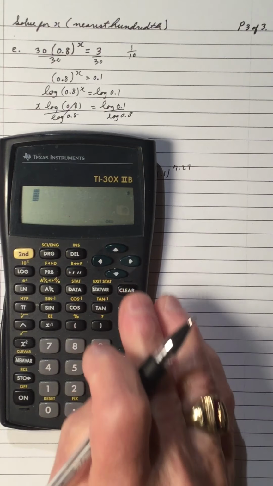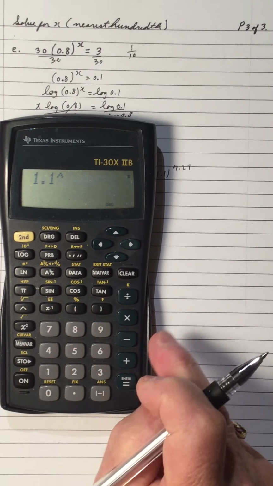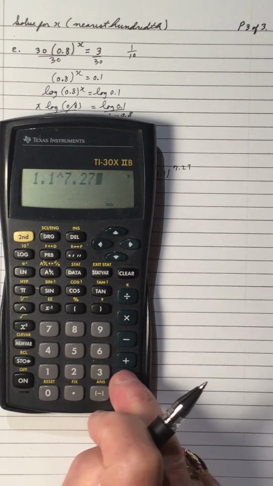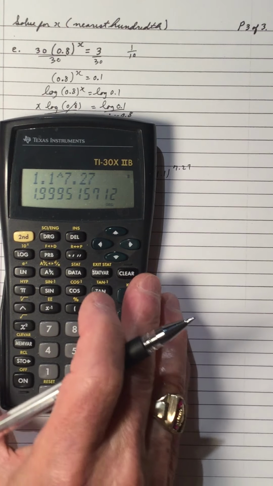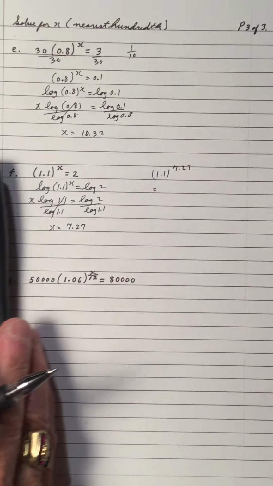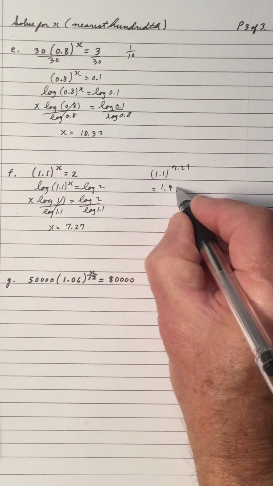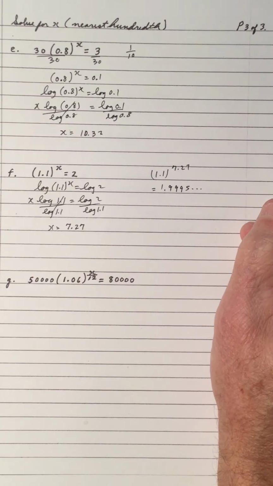So 1.1, power button, 7.27, and we get 1.9995, so you can see it's very close to a 2.